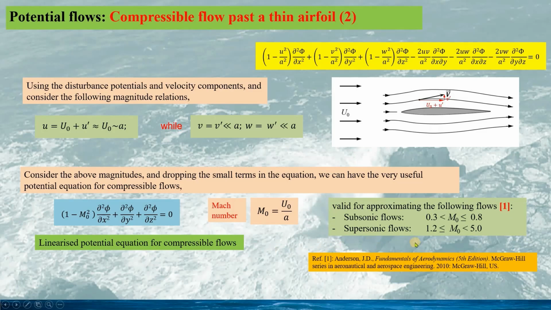Based on the reference, this linearized potential equation for compressible flows would be valid for both subsonic flows of Mach number between 0.3 and 0.8, and supersonic flows of Mach number between 1.2 and 5.0.